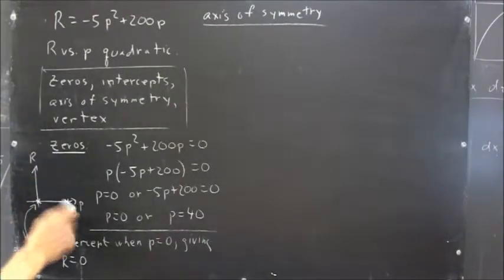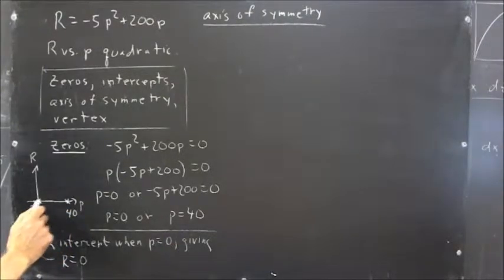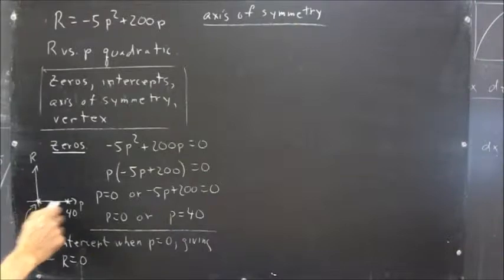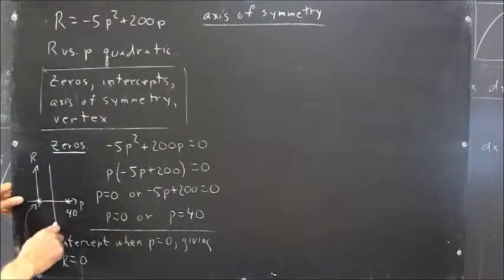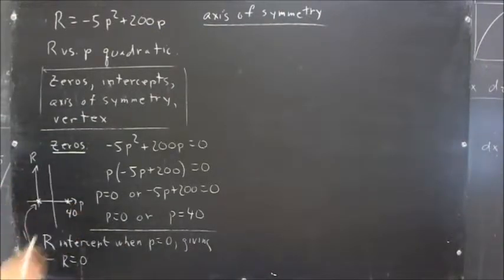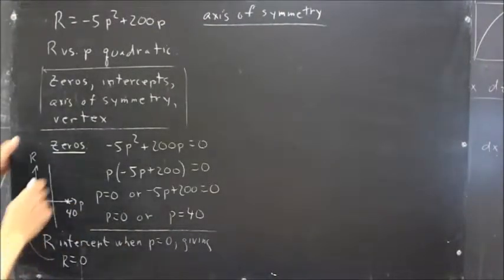And that axis of symmetry, if the parabola is going to be symmetric, then the 40 and the 0 here have to be at equal distances on opposite sides of the axis of symmetry. So here's your axis of symmetry.